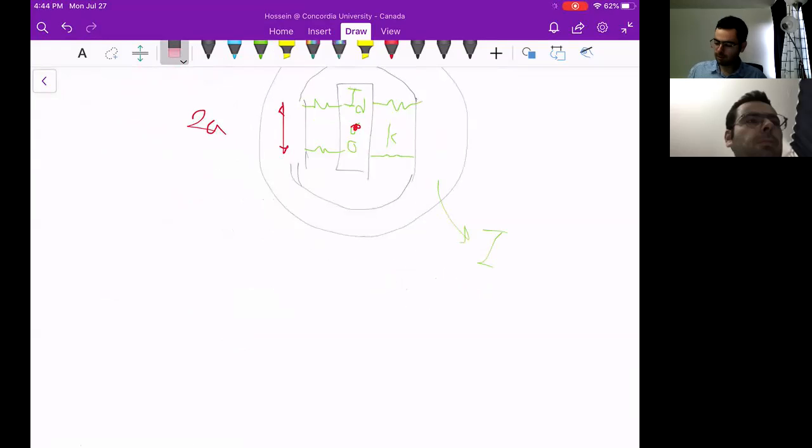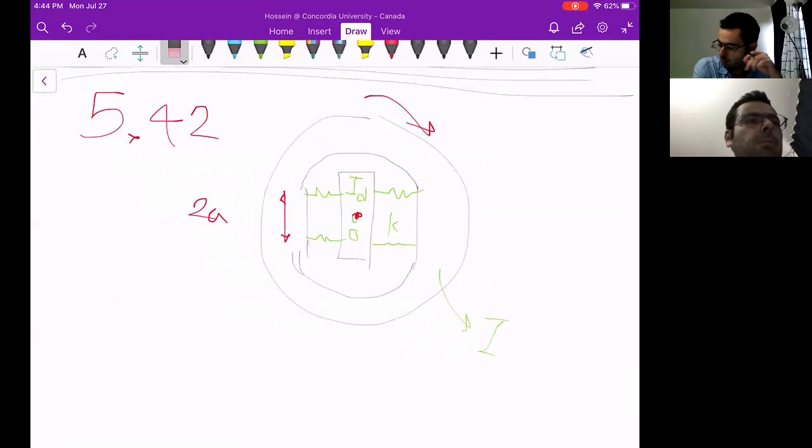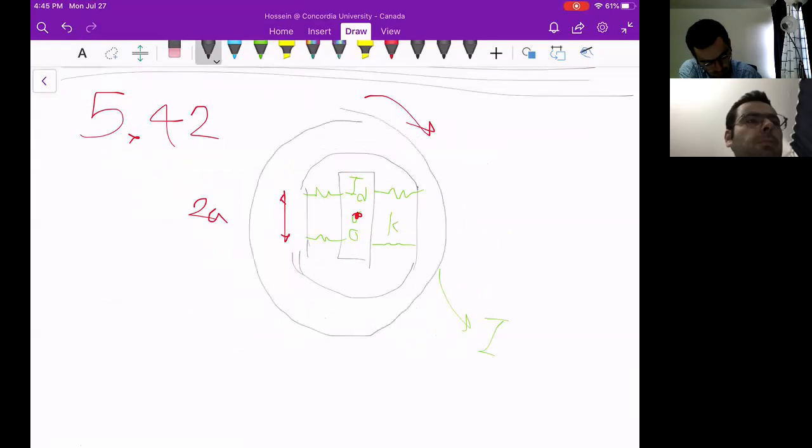Let me read problem 5.42. It says a flywheel with moment of inertia I. This is a flywheel, which has a torsional absorber with a moment of inertia I D, free to rotate on the shaft and connected to the flywheel by 4 springs of stiffness K pound per inch, as shown here.